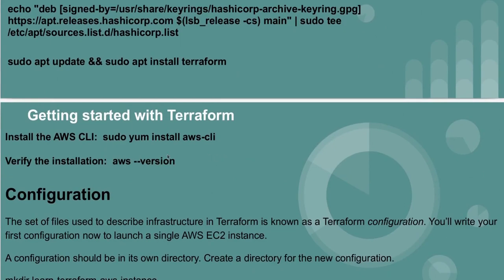Then after that we have seen how we can configure the AWS CLI using the aws configure command. Then we can check the version of the AWS CLI using aws --version, and we can check the Terraform version as well using terraform --version.